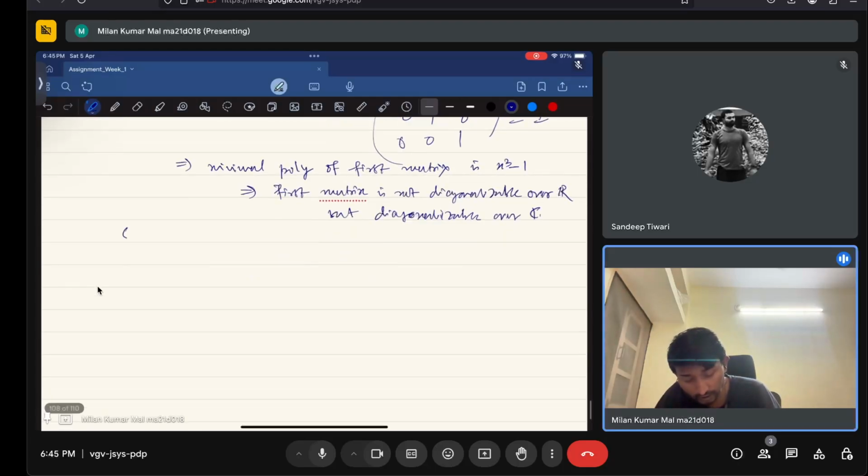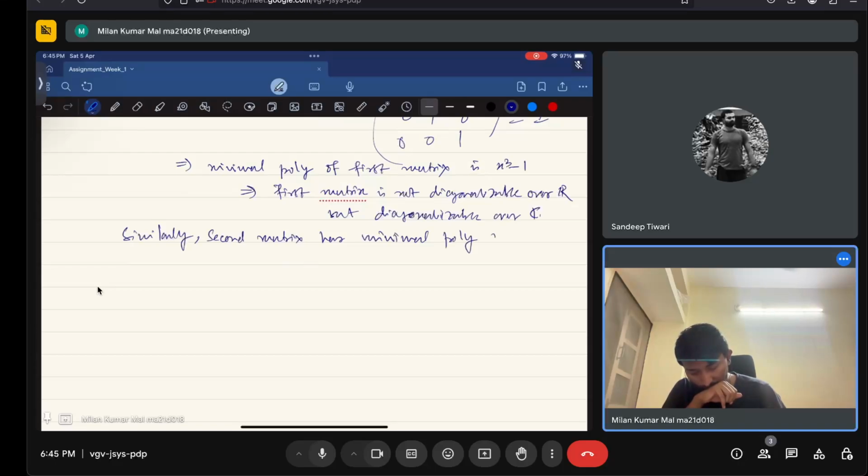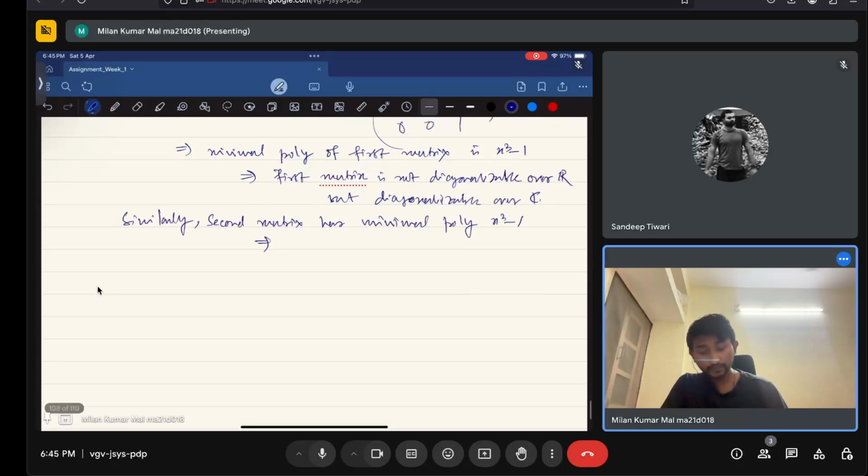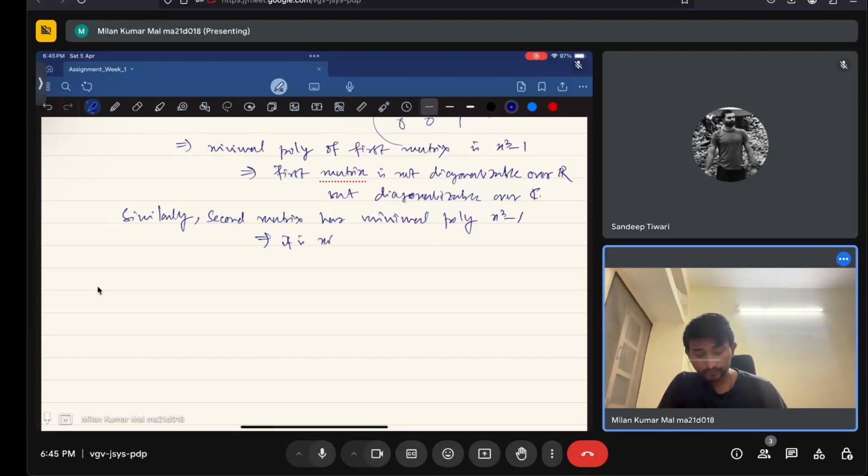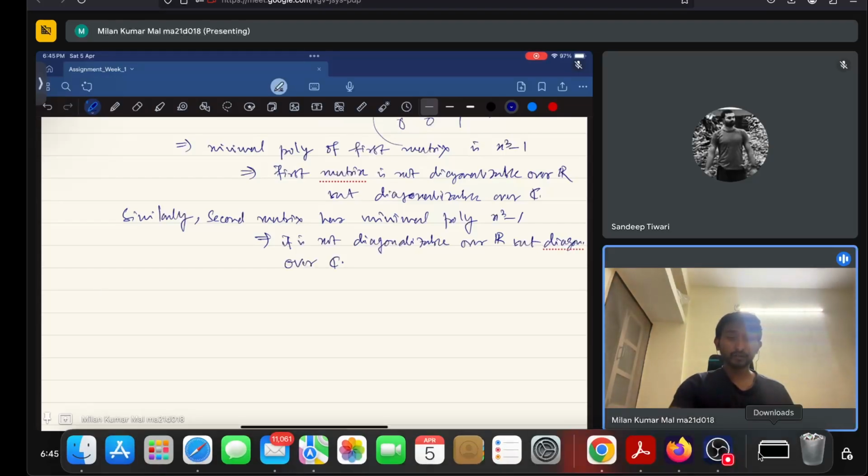Similarly, the second matrix has minimal polynomial x squared minus 1, which implies it is not diagonalizable over R but diagonalizable over C, right? This is the correct one.